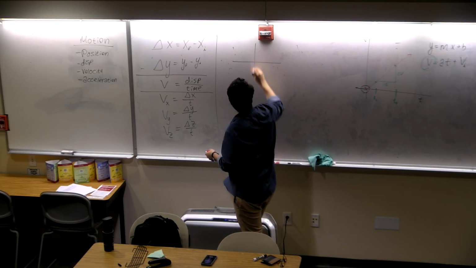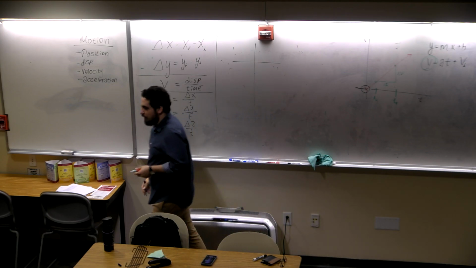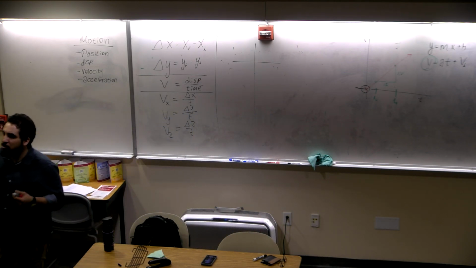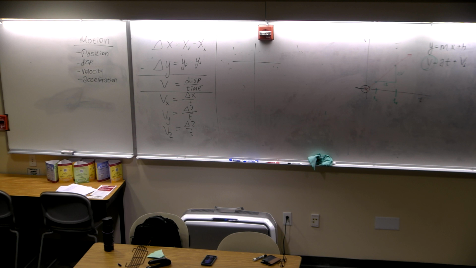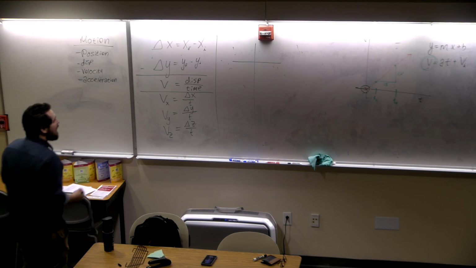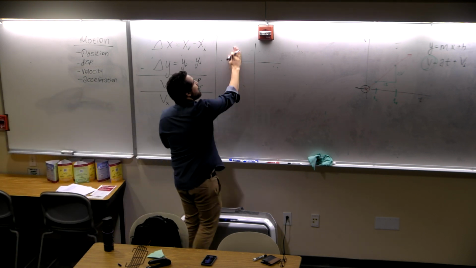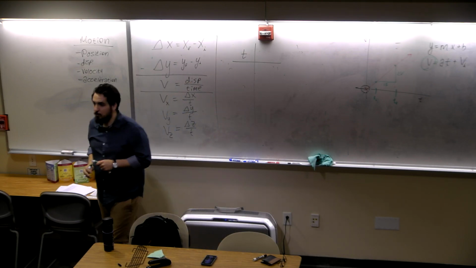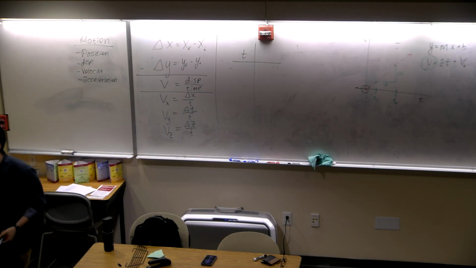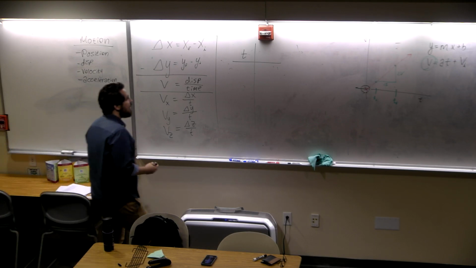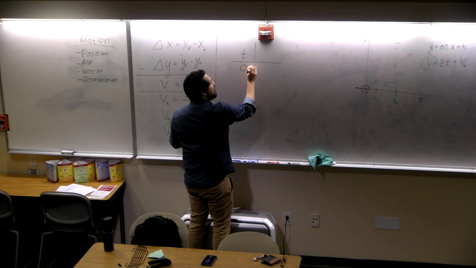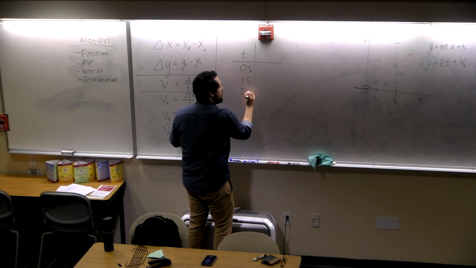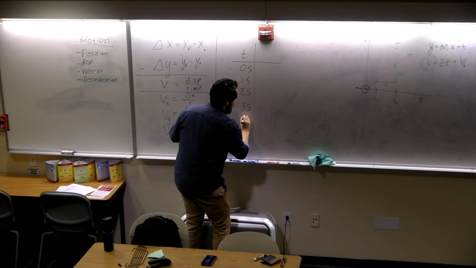What we're going to do here is imagine an object that is accelerating. Sound good? We say that over time, this object will speed up. Let's say the object we track at a time of 0 seconds, 1 second, 2 seconds, 3 seconds, and so on.